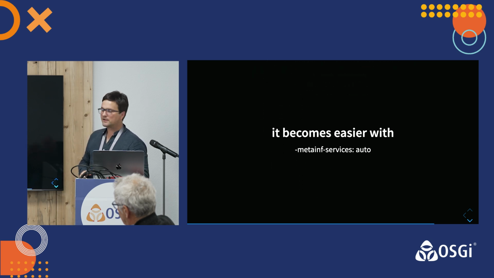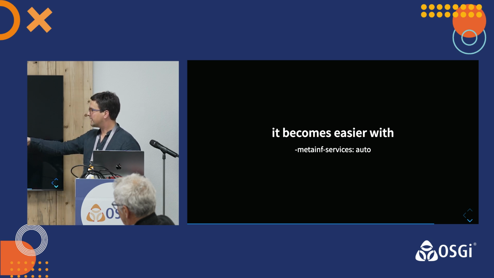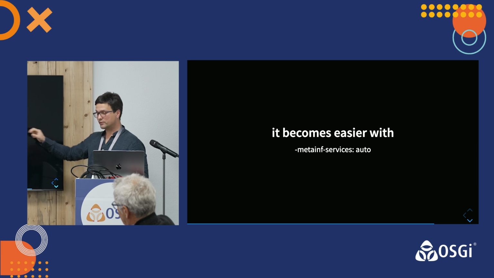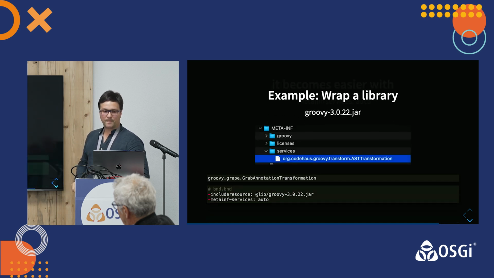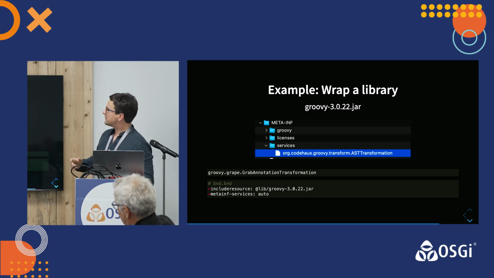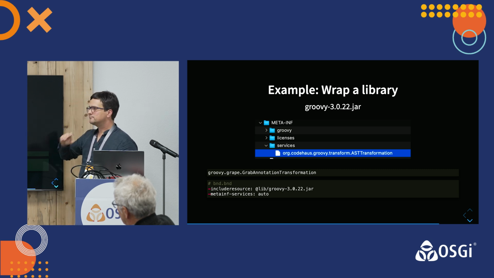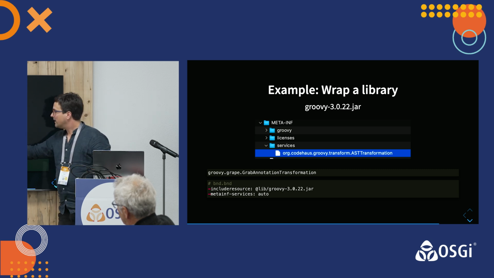And just recently, we made it even more simple. There's a new instruction you can put in your BND file called meta-inf services auto, and then those headers will automatically be added even without those annotations. Let's look at an example. Let's say I want to wrap this Groovy library, just picked it randomly.